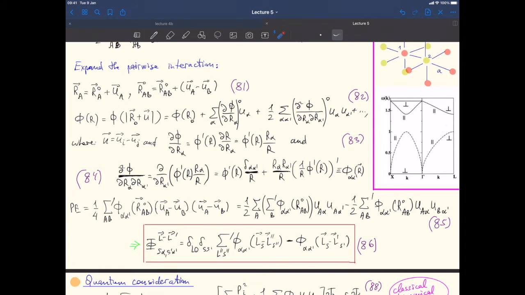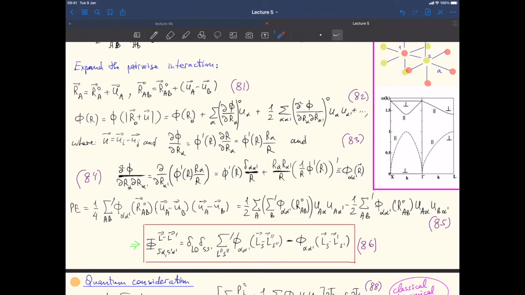Now, if we want to talk about crystals in particular, then we have to remember that A and B, they correspond to two indices, the index L of the lattice vector and the index S of the atom within the unit cell, the basis. And therefore, we can finally write down the force constant matrix in this case.